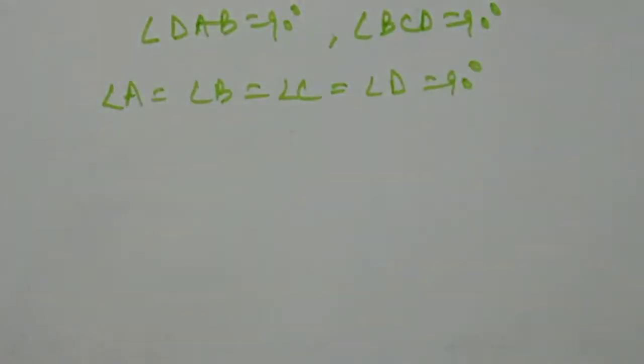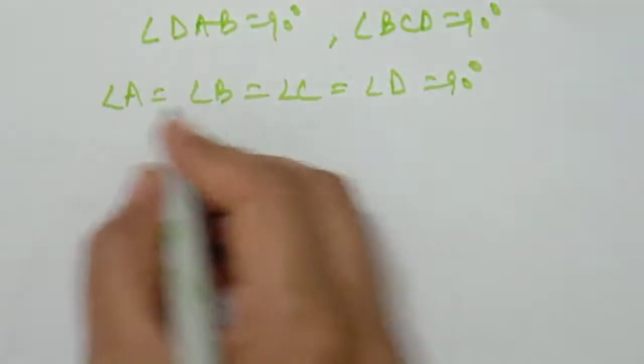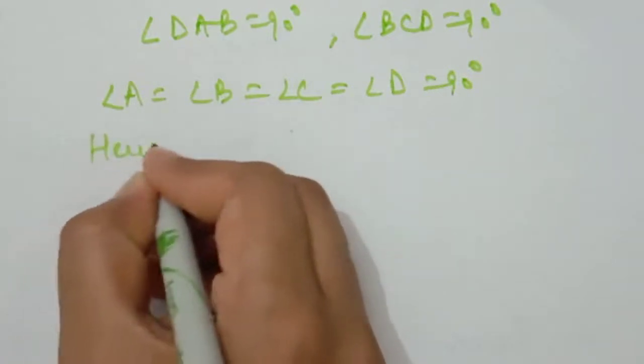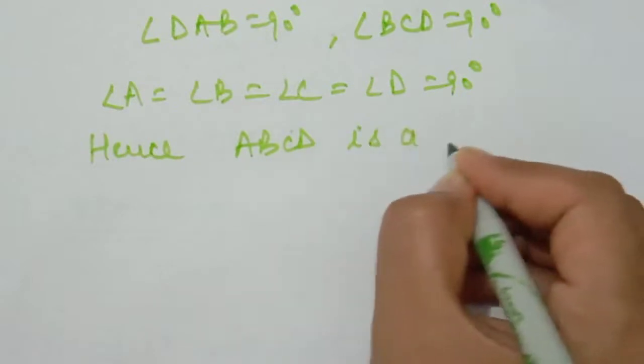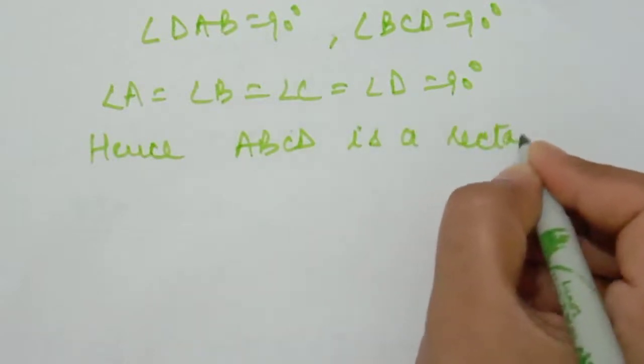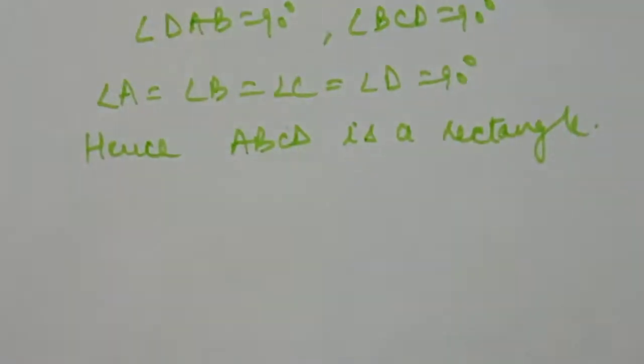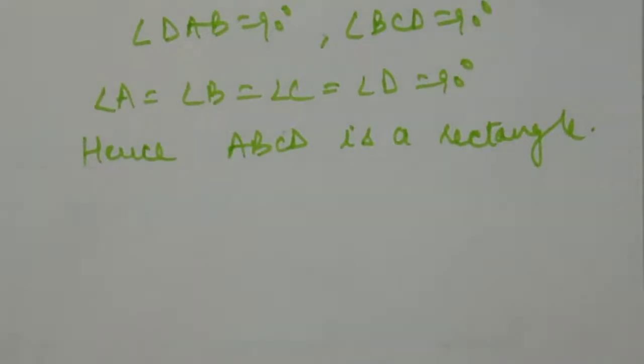If all angles are 90 degrees in a quadrilateral, then hence we can say that ABCD is a rectangle, correct? So students, this is your question number 7. Now question number 8.